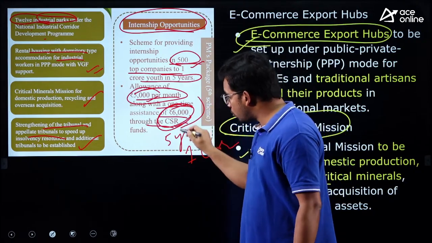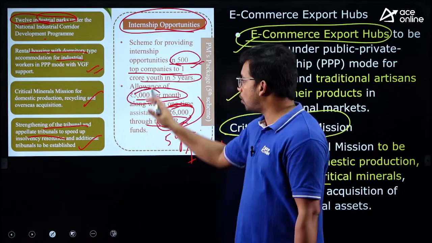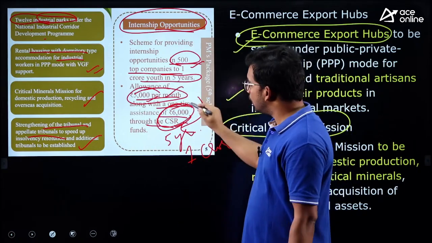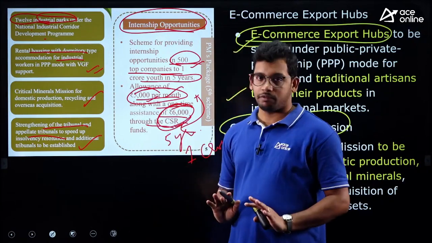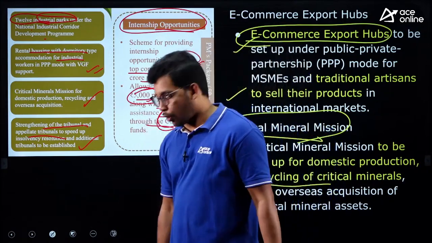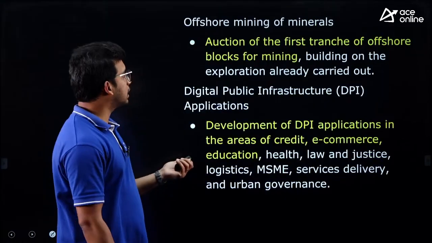Now they are going to reroute those companies' funds towards the youth who want to get internships, right. 5,000 plus 6,000 through CSR activities, 5,000 the government will give, fine. So these are the internship opportunities provided for the manufacturing sector.